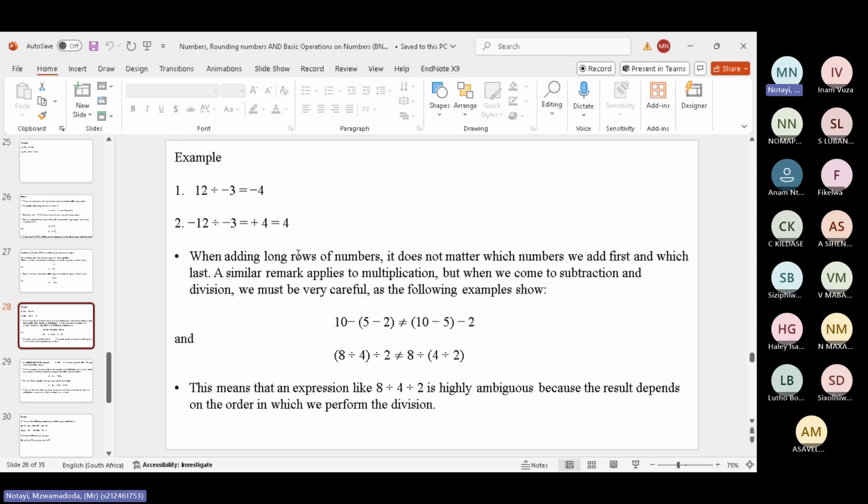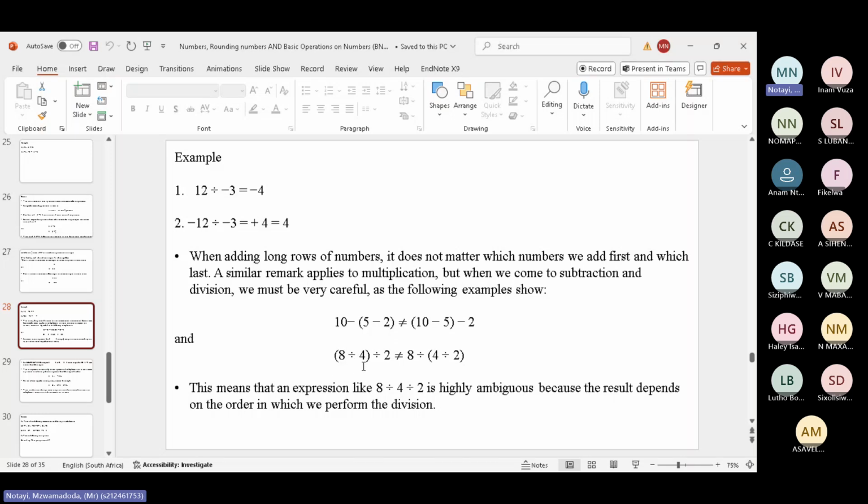So when adding long rows of numbers, it does not matter which numbers we add first and which last. Similarly, this applies to multiplication as well. But when it comes to subtraction and division, we have to tread very carefully, as the following examples show. 10 minus 5 minus 2 is not equal to 10 minus (5 minus 2).